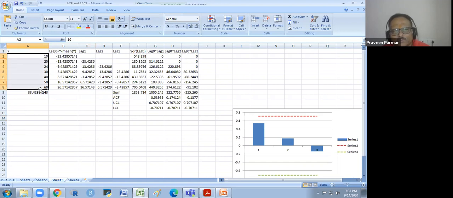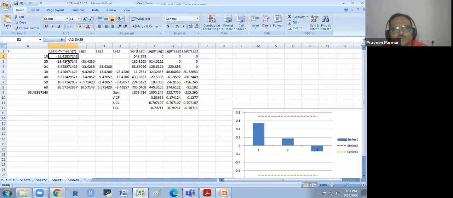I have taken very few observations, 8 observations only, and here I have found the mean with the average of A2 to A8. Then I got y minus mean of y, as we have seen in the formula. It is for lag 0. So it is y minus mean of y, 10 minus 23.42, 20 minus 23.42. In this way I am getting this.